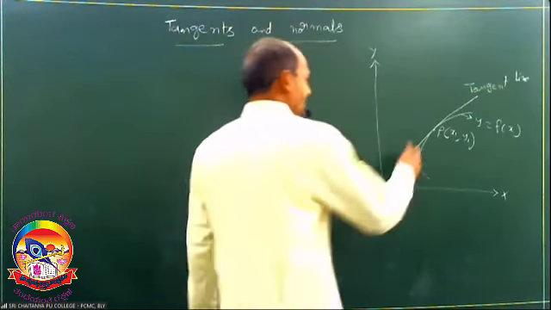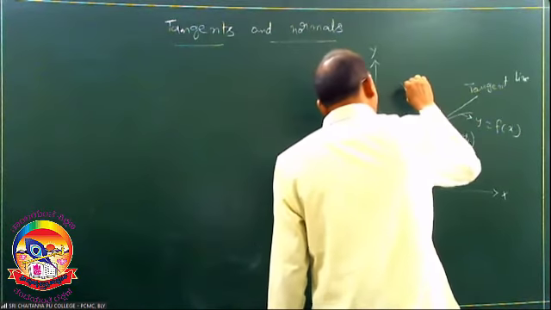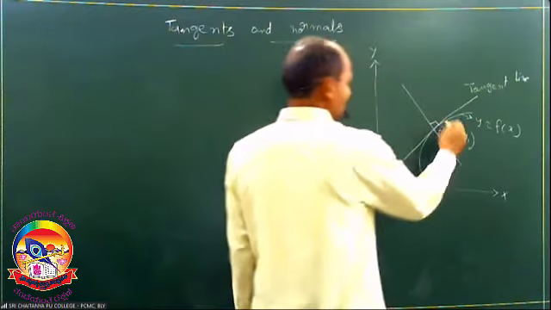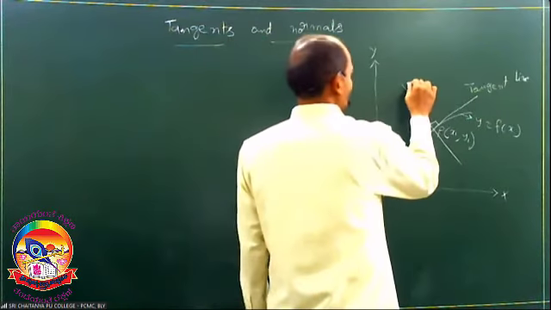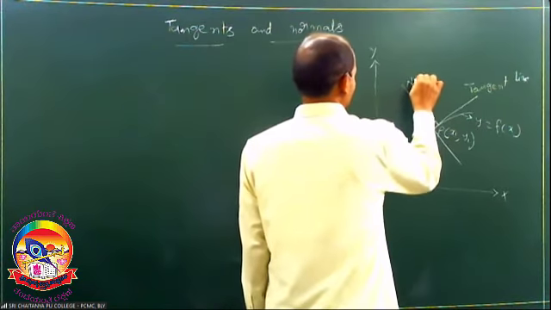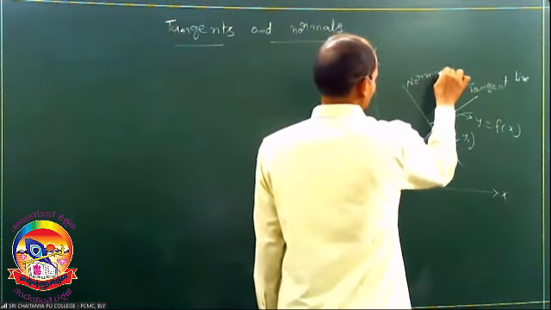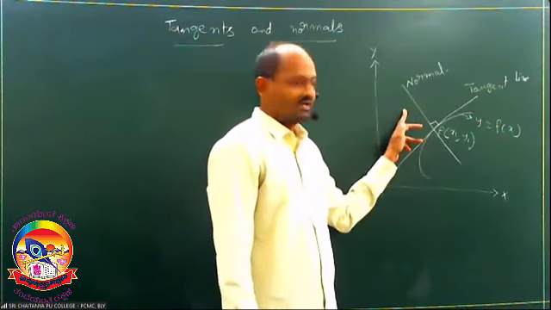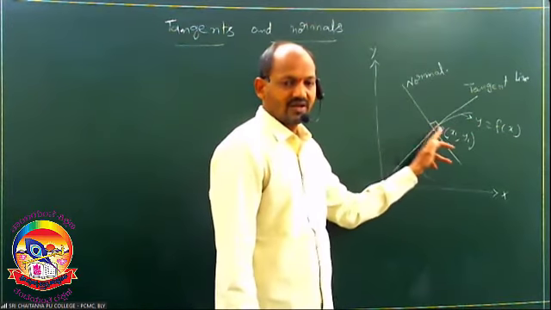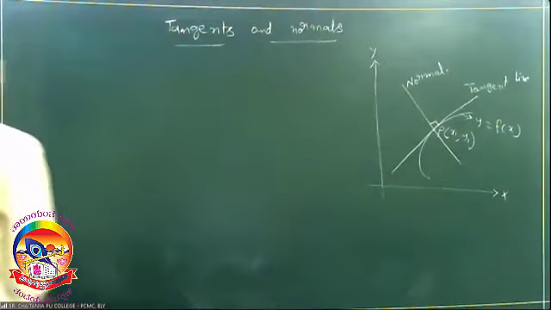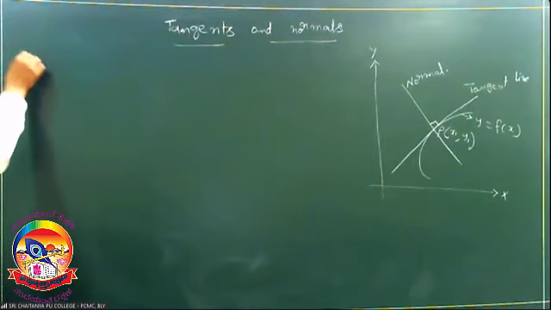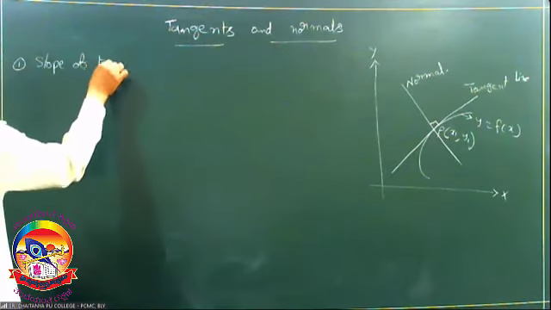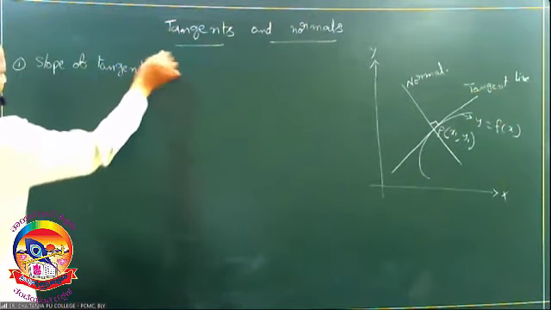And it is a normal. That means normal means perpendicular. It is a normal line. Tangent line, normal line, it is perpendicular, 90 degrees. So slope of tangent.